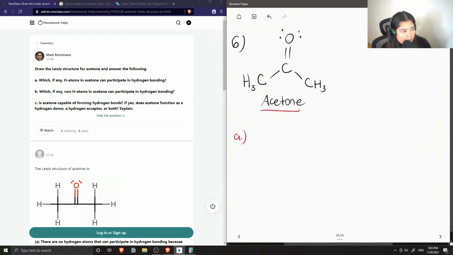Which, if any, hydrogen atoms in acetone can participate in hydrogen bonding? So if we look at all of the hydrogens in this structure, they're all bonded to the carbon. In order for hydrogen bonding to take place, these hydrogens need to be bonded to an electronegative atom, such as oxygen. But since they're bonded to the carbon, that means no hydrogen atoms in acetone can participate in hydrogen bonding.